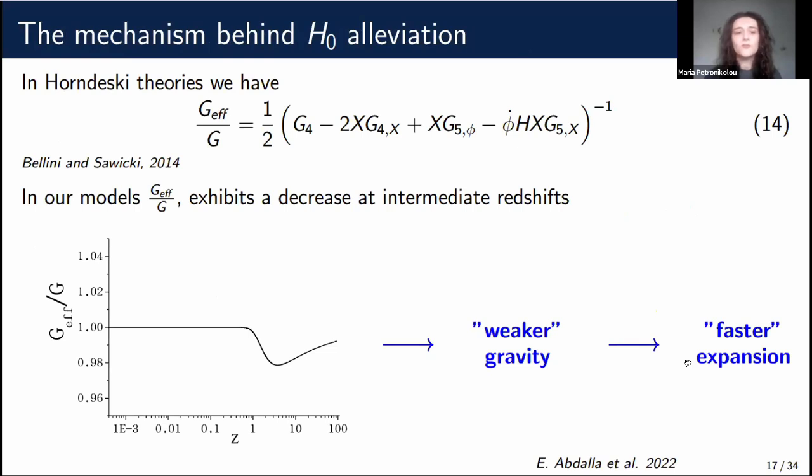Here I present to you for the first model the result we obtained. And what we see is that this term exhibits a decrease at intermediate redshifts, which means that this model appears to give a weaker gravity that leads to faster expansion, which is a mechanism presented in the literature.